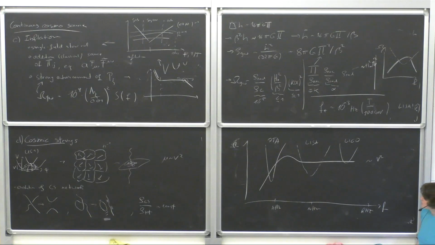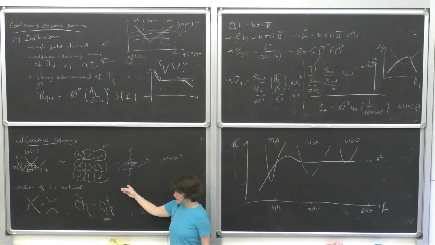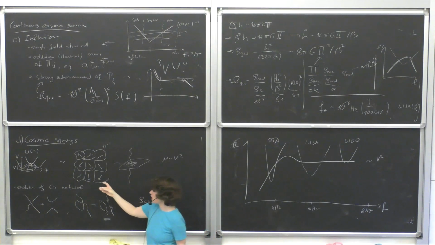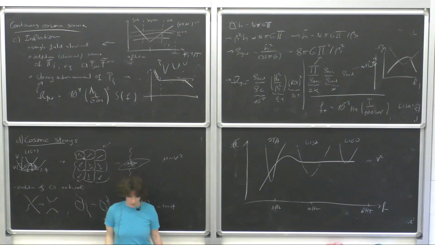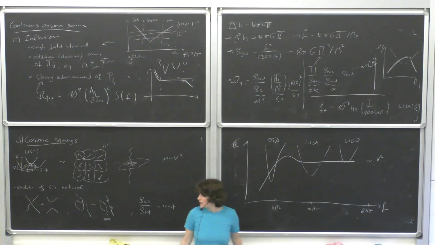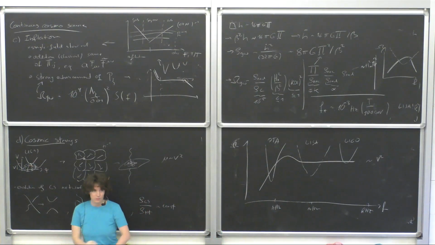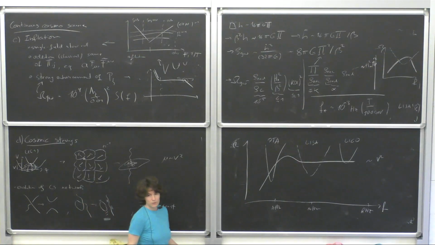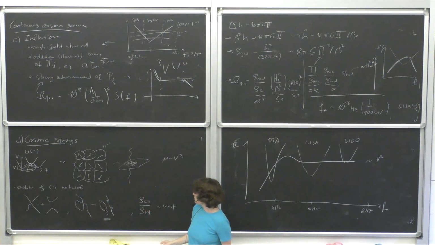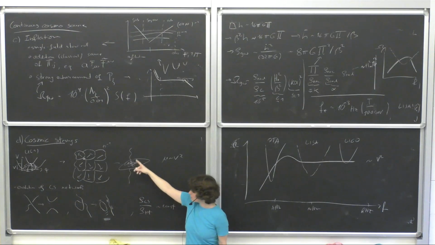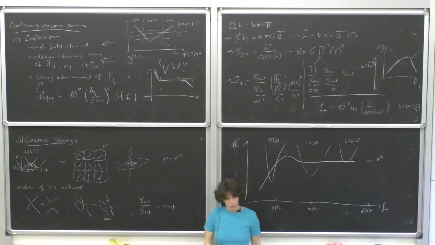The other comment I will make is that here we've taken the strings to be stable, right? Which is what happens if you have this type of setup. Now, there is an addendum to that, and that is that if you take this U(1) symmetry and you embed it in a full GUT theory, you can have a situation where you don't only have this type of topological defects, but you also have monopoles, so zero-dimensional cosmological defects.